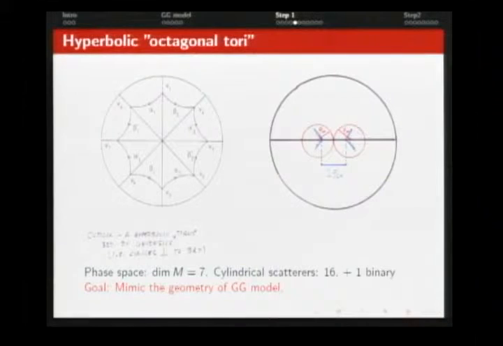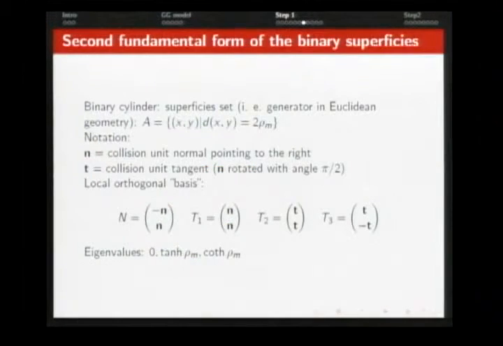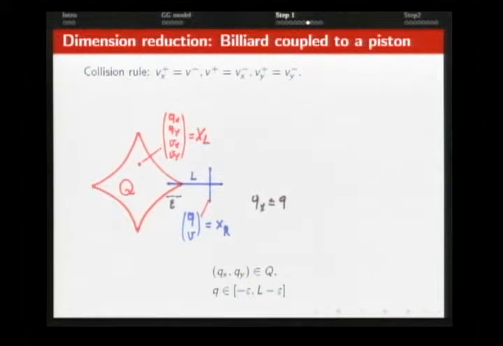I don't go into detail because for this model, we proved ergodicity and Kolmogorov mixing. This we could prove, but we couldn't go further yet. That's why we had to simplify the model even more, and this is the model we are at present working on.